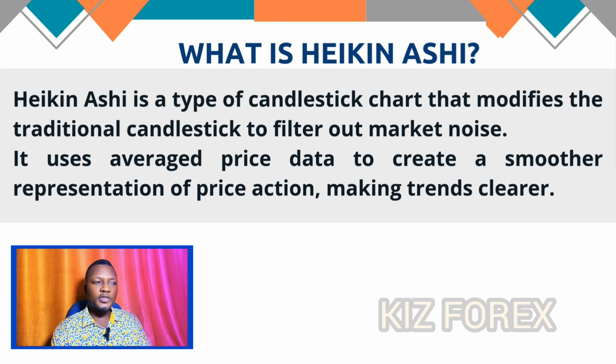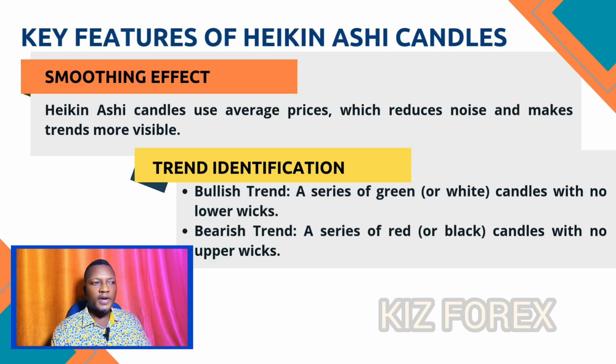It uses average price data to create a smoother representation of the price action, making a trend clearer. The key features of Heikin-Ashi candlesticks are, number one, the smoothing effect. Heikin-Ashi candlesticks use price average to reduce the noise and make the trend more visible.